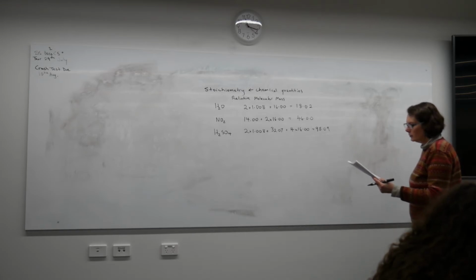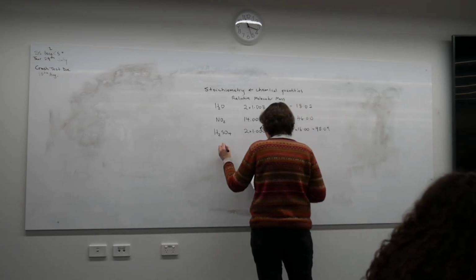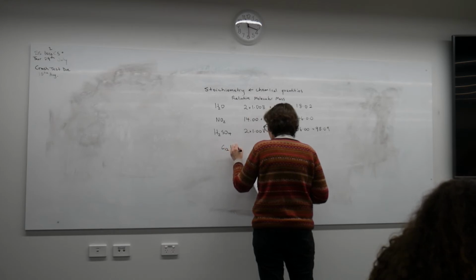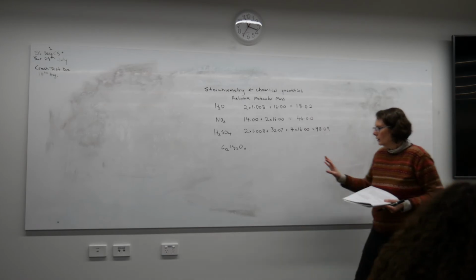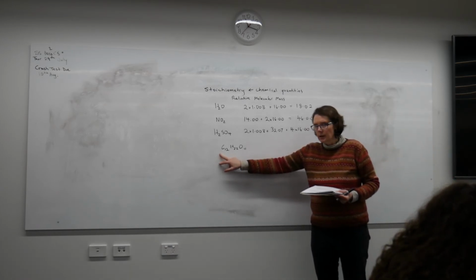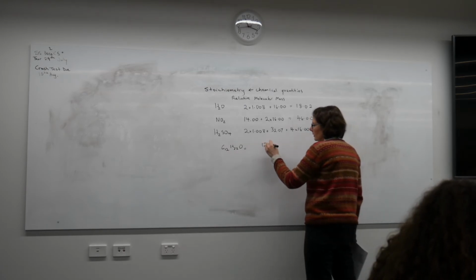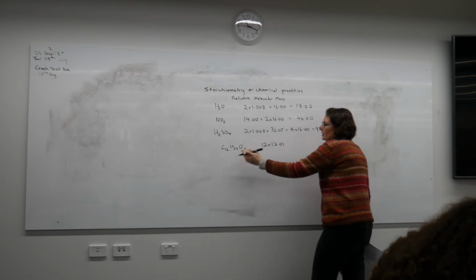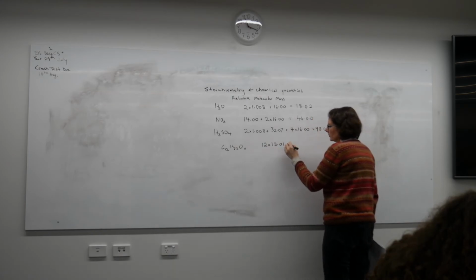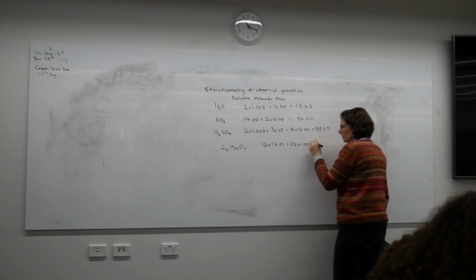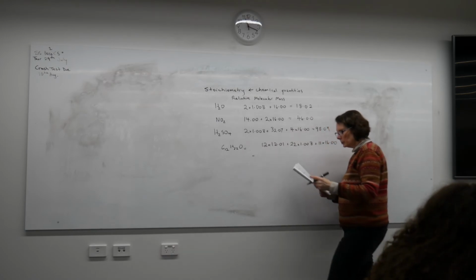So, if we want to calculate the relative molecular mass of sugar, C12H22O11, then we're going to look up on our periodic table what's the mass for each of these elements, and then we multiply how many we have by the mass of 1. And just add them all together.